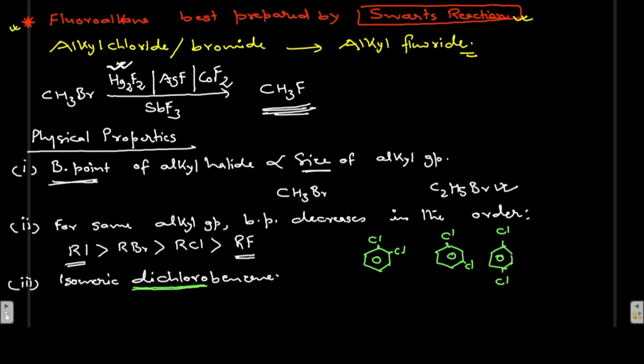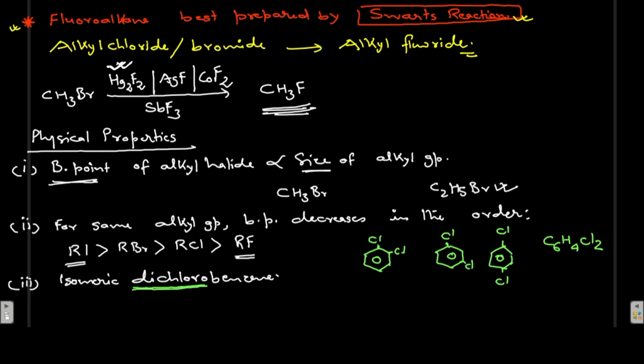These are isomers. You must have heard about isomerism. In isomerism, the chemical formula is the same. For this compound, the chemical formula is C6H4Cl2. But the arrangement of the atoms is different, so these are different compounds.